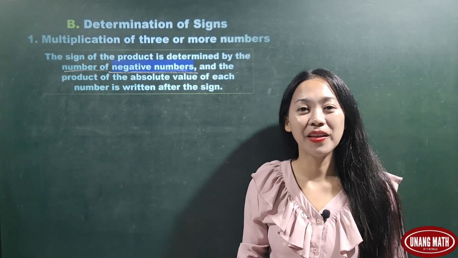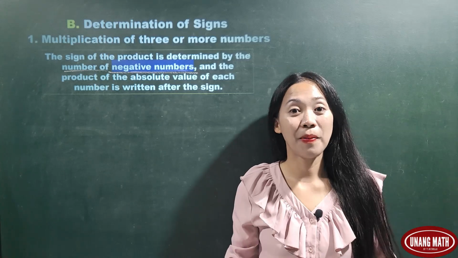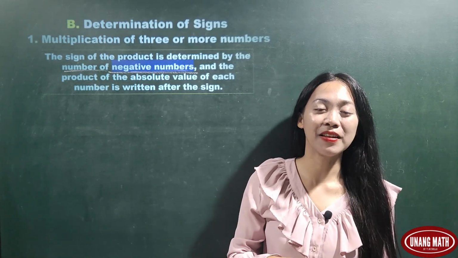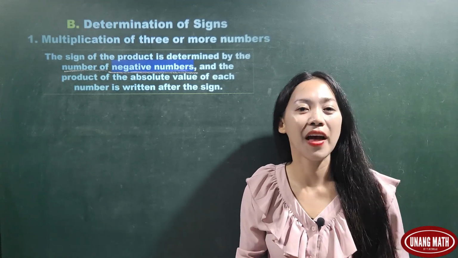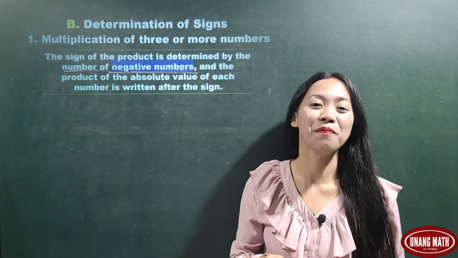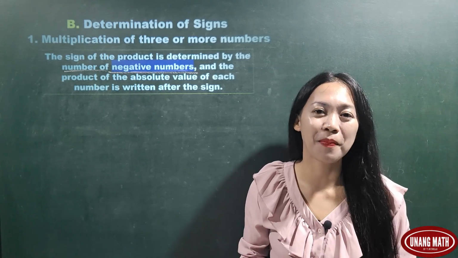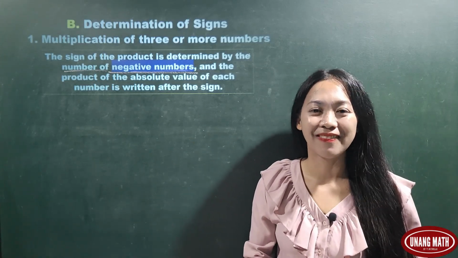We already know that a positive number times a positive number, the answer is a positive number. Even if we multiply 5 positive numbers, 10 positive numbers, hundreds, thousands, or millions of positive numbers, the answer is a positive number. But for negative numbers, it's different.